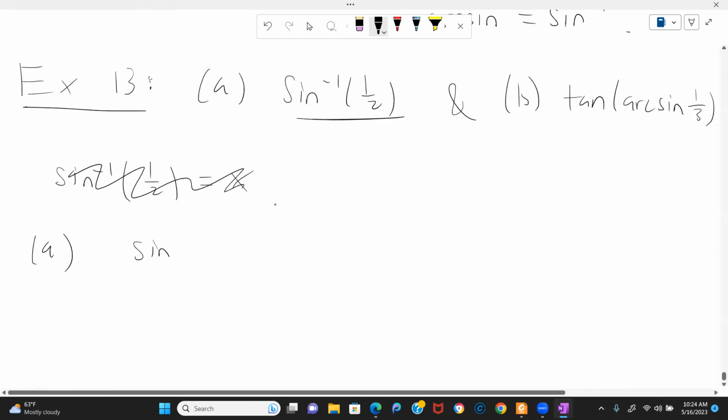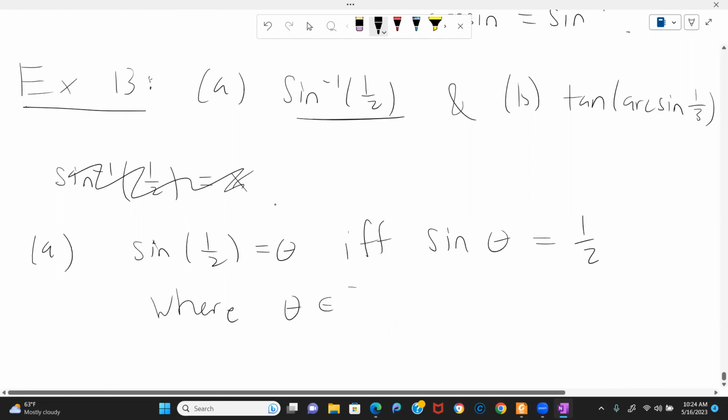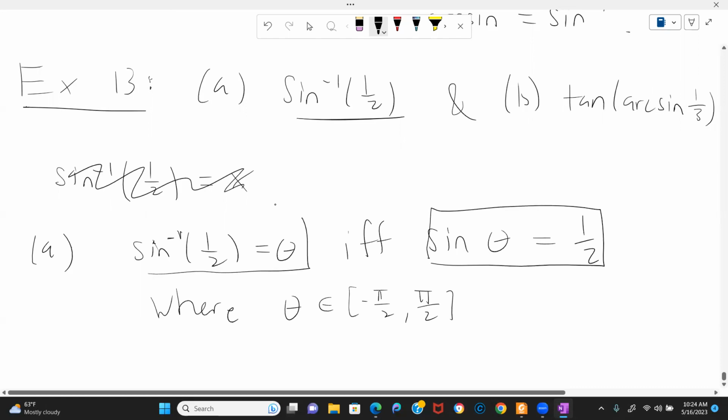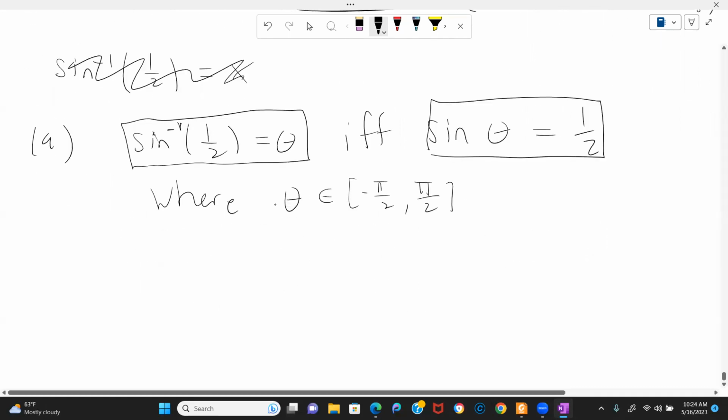So sine inverse of 1/2 is equal to theta if and only if sine of theta is equal to 1/2, where theta has to be between negative pi over 2 and pi over 2. It has to be some angle such that this holds. And once we solve this equation, we will have solved this equation. They're equivalent, one and the same thing.